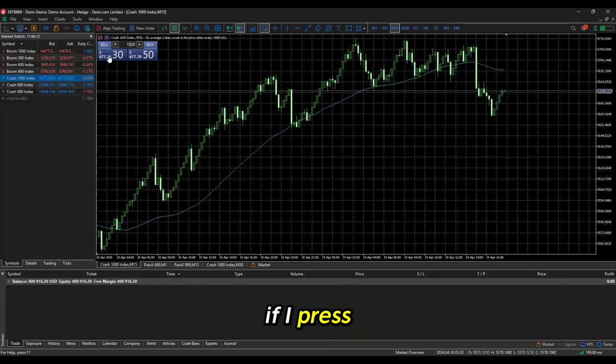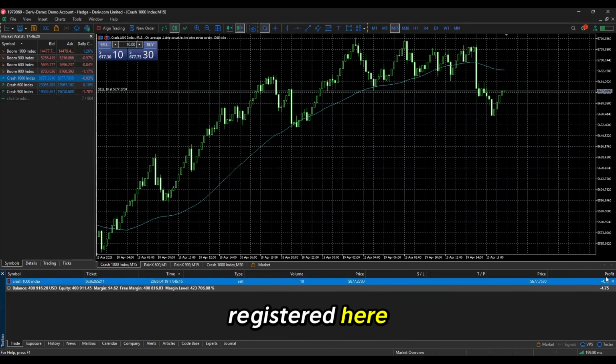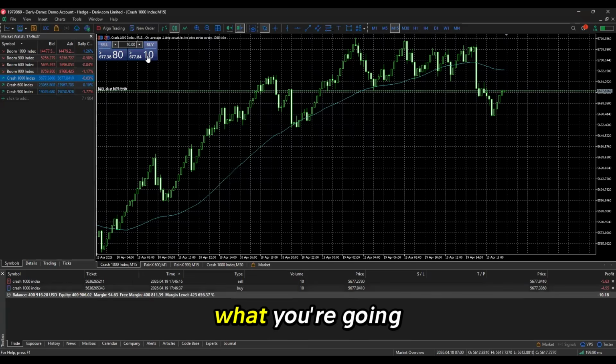And if I press sell, what you're going to see is there is a trade that just registered here and it started in loss. What it generally means is every trade that we open, it starts in loss. Even if I press buy, what you're going to see is that same buy, it started in loss as well, right?